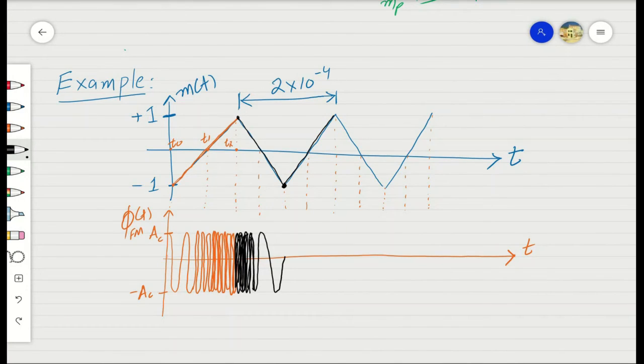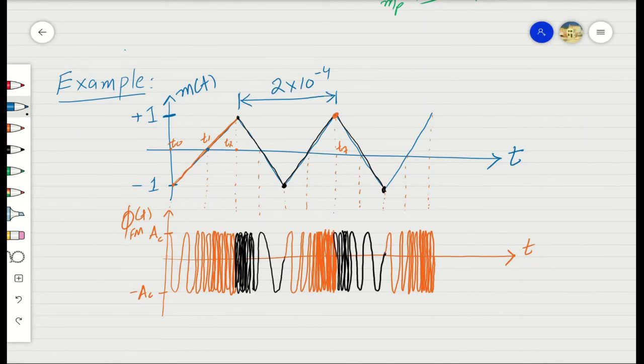Again, the amplitude of information signal is increasing along the time. An increase in the frequency of modulated signal will be experienced. And at this particular time instant, let's say t7, maximum frequency of the modulated signal will be generated, and so on. Directly proportional to the amplitudes of information signal, the frequency of the modulated signal will be generated.